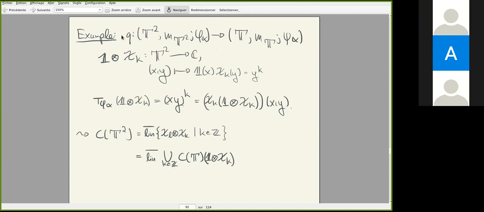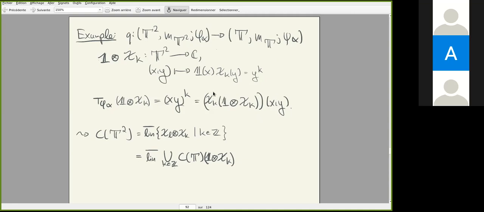And in the second component, we take these characters. So (x, y) gets mapped to just y to the k. And then if you plug this into the Koopman operator, I forgot the evaluation here of (x, y), then what you see is that you just get the function you started with multiplied in the module sense with this same character.